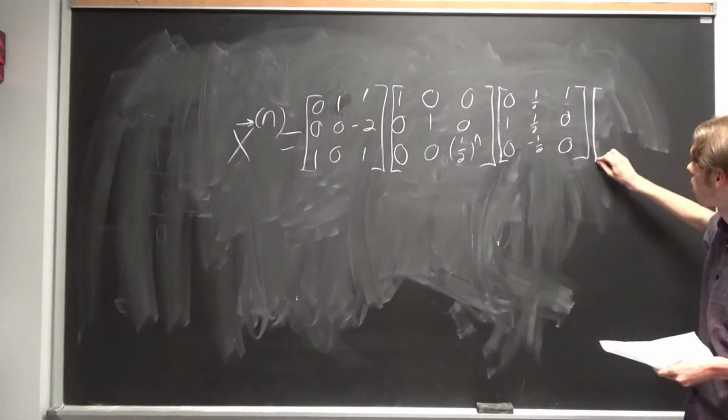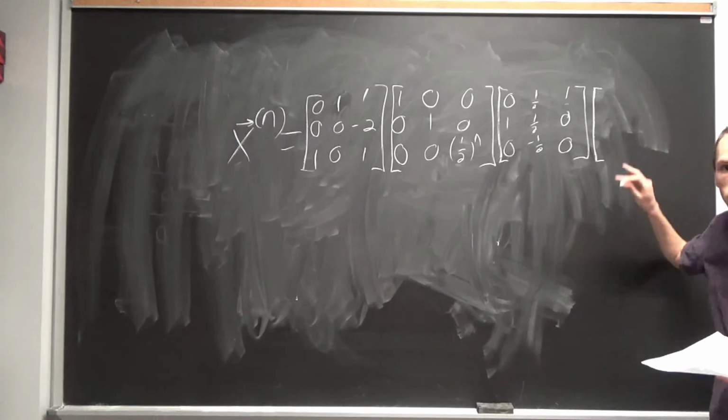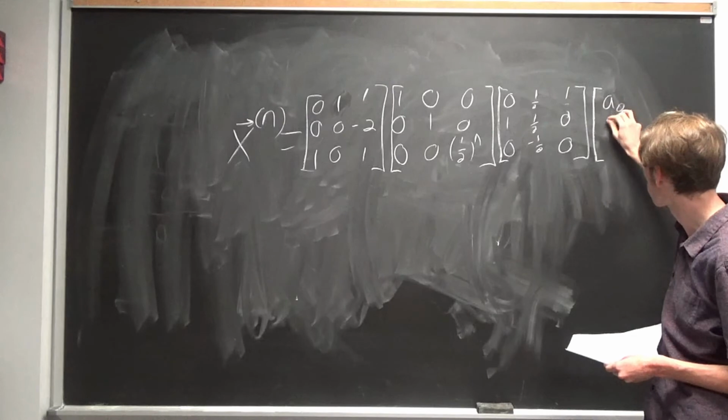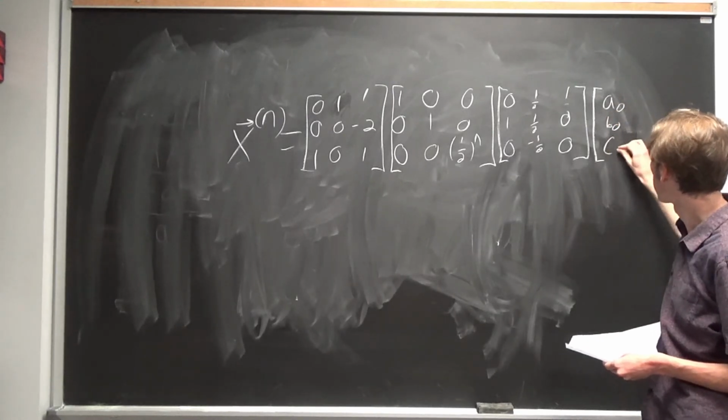And this will be multiplied by our x sub 0 vector, which is our initial conditions a sub 0, b sub 0, and c naught.